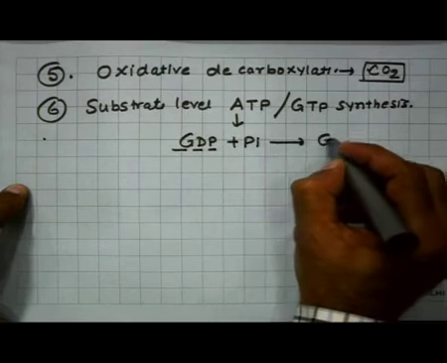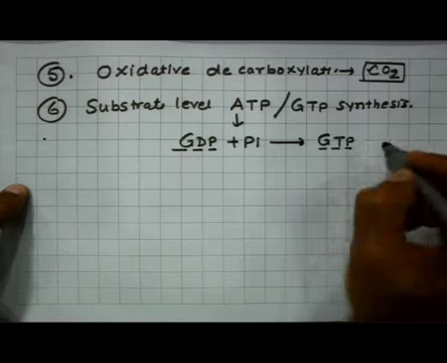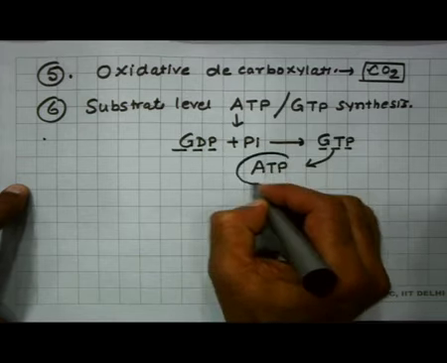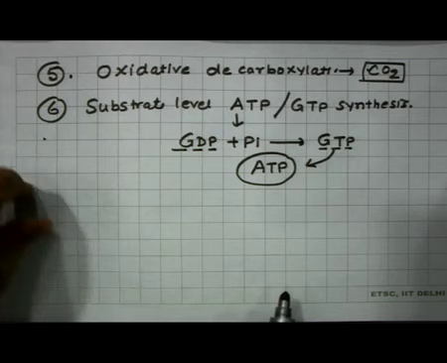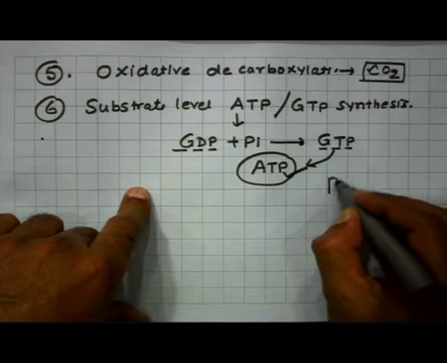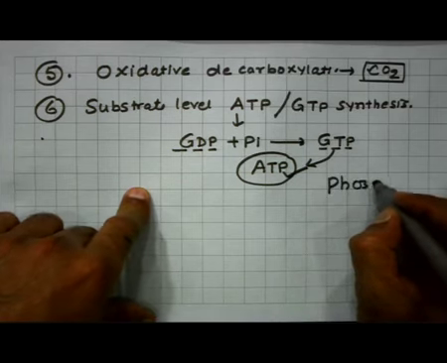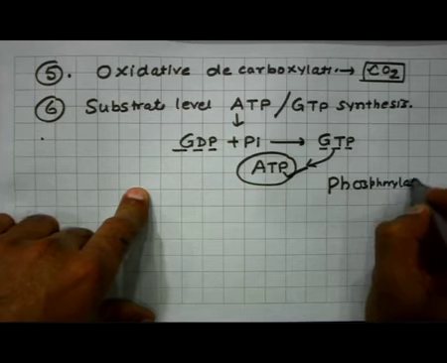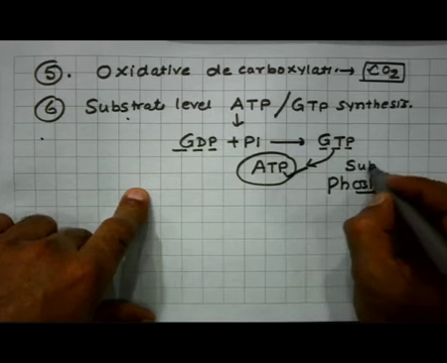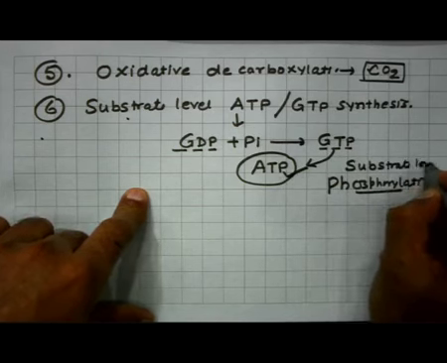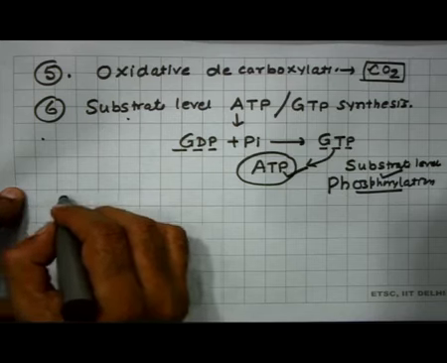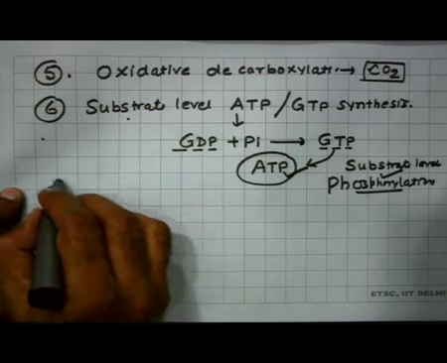Firstly, it forms GTP, guanosine triphosphate. This GTP is again converted into ATP. So, here ATP is formed. Wherever there is formation of ATP, that process is called phosphorylation. Here the substrate forms the ATP, so this is called substrate level formation of ATP. 2 GTP are formed, which are finally converted into 2 ATP.